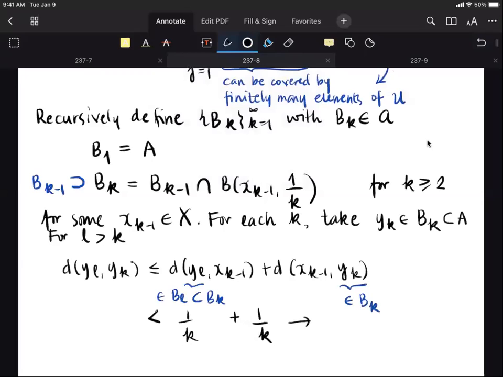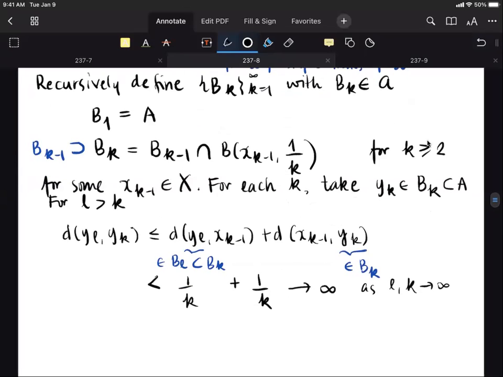And we know that this tends to zero as k, well, it is independent of l, so as well as l going to infinity.